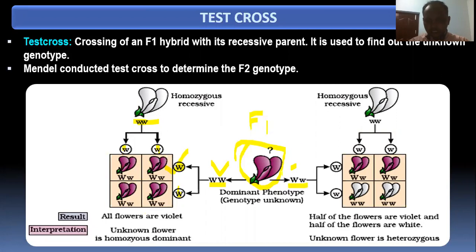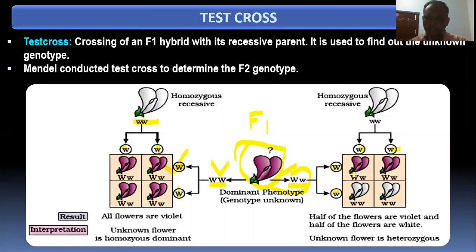Here I am assuming that the genotype of this particular flower color is capital W small w, and I am crossing with the homozygous recessive parent, small w. See here, this flower produces two kinds of gametes, capital W and small w, while this one produces only small w.